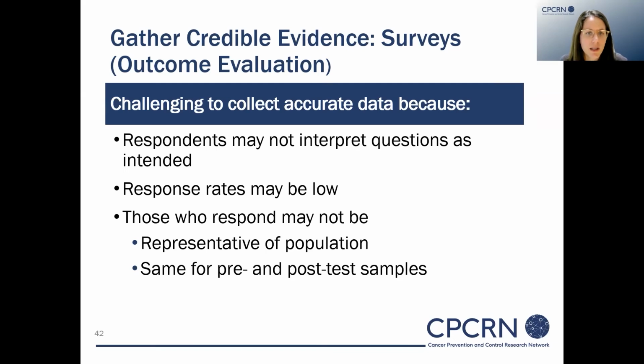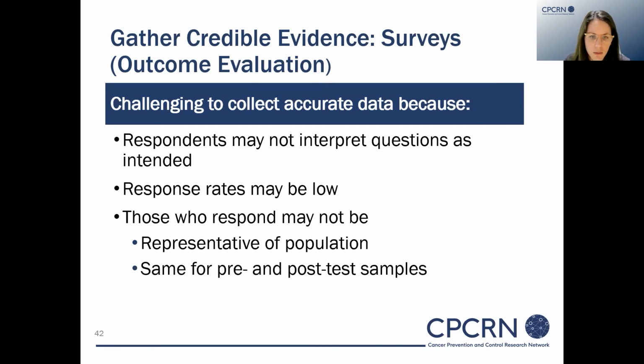The other thing I have on my slide here is that respondents may not interpret questions as intended. This is a really big one. In research that we do at UNC, we often go through a testing process with our surveys to make sure that people are interpreting our questions the way we intend. And it may sound kind of simple, but even a really simple question like, tell me about your process for getting ready in the morning, can be interpreted many different ways.